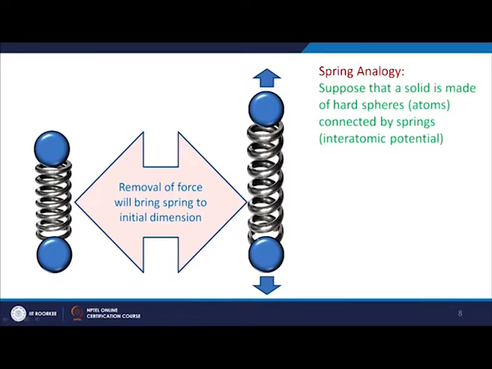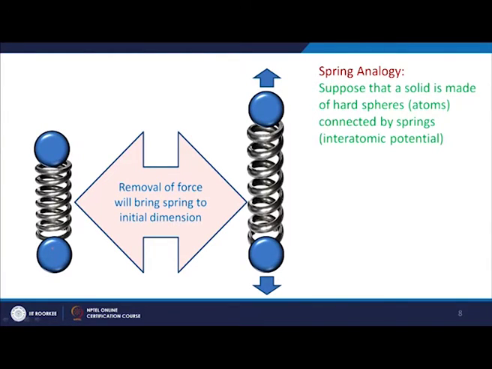So, this is the spring analogy for elastic deformation, as I told you. You have atoms, and the atoms have bonds between them, and bonds can be considered as springs. When I am deforming it, the spring is getting stretched. As soon as I remove the force, it will go back to its original position.